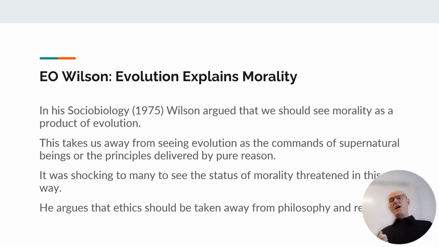So this very much conflicts with the views that you get from religion, but it also conflicts with the views that you get from some philosophers. Some philosophers say that we understand morality through rationality.